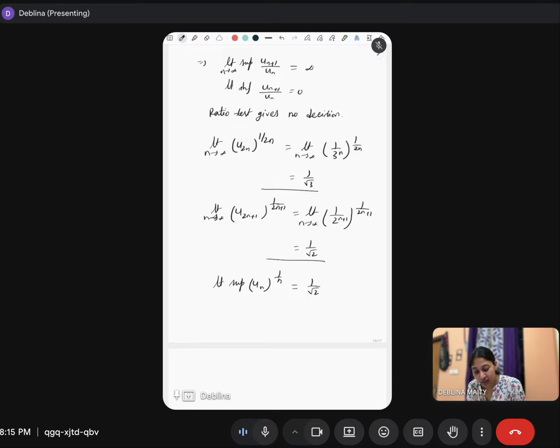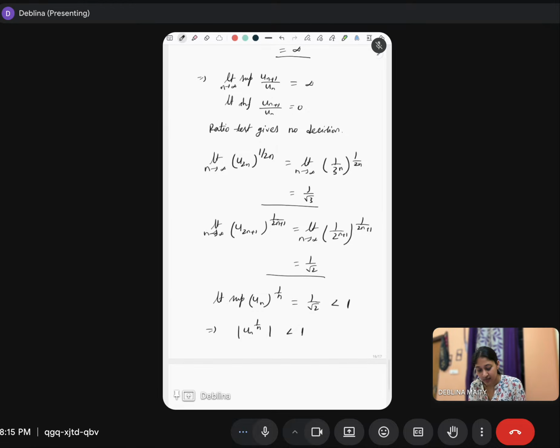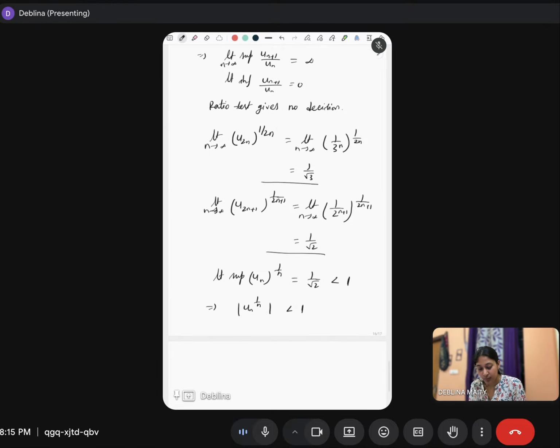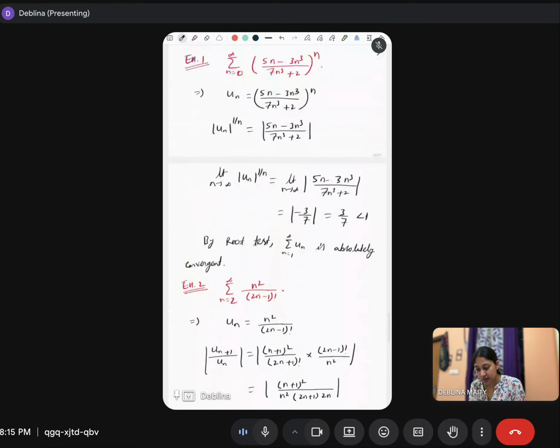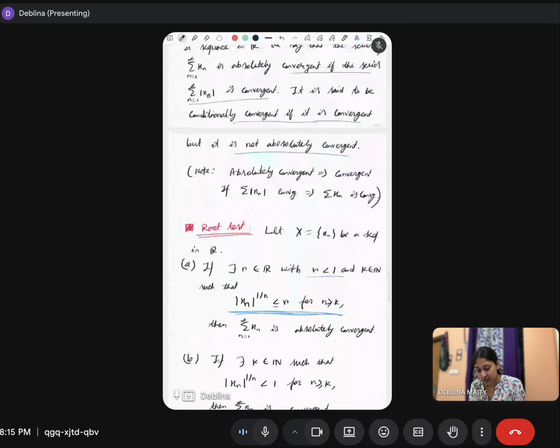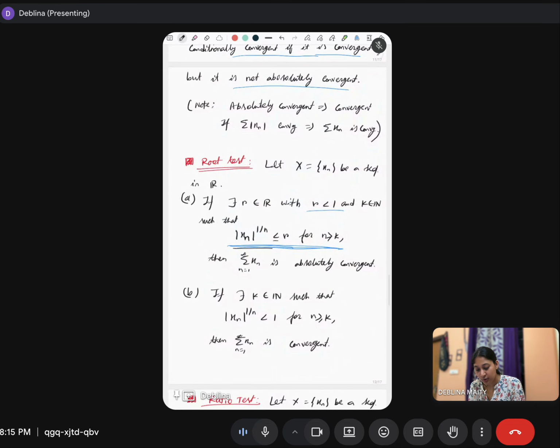The bigger one is less than 1, so all the values are strictly less than 1. The root test says that if this is strictly less than 1, then it is absolutely convergent.